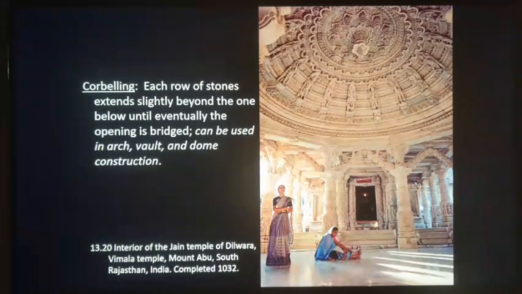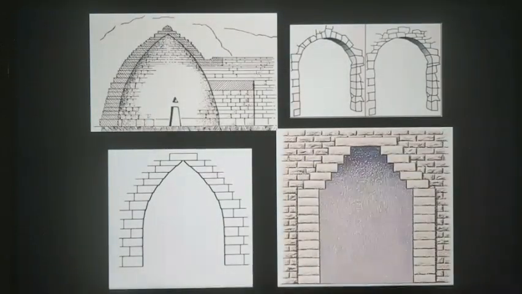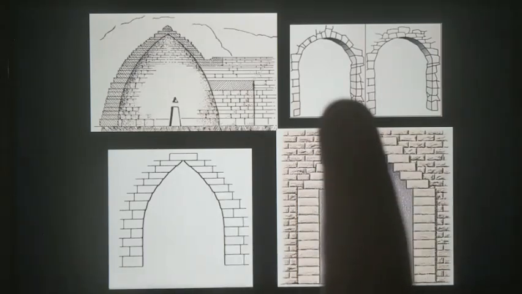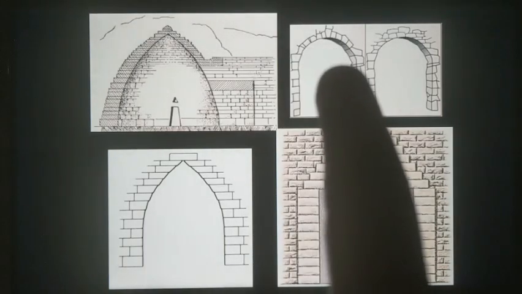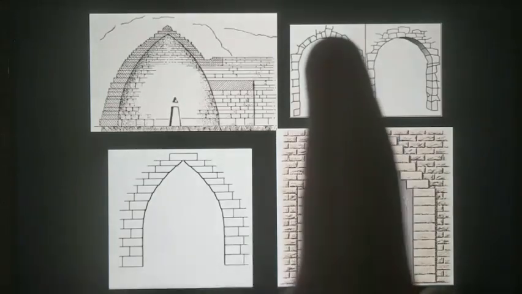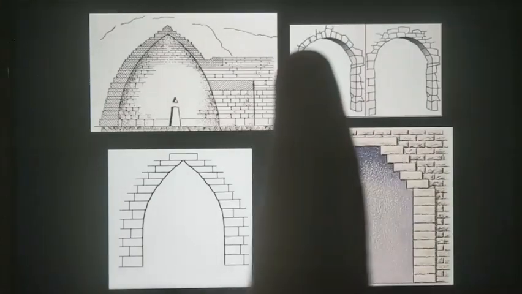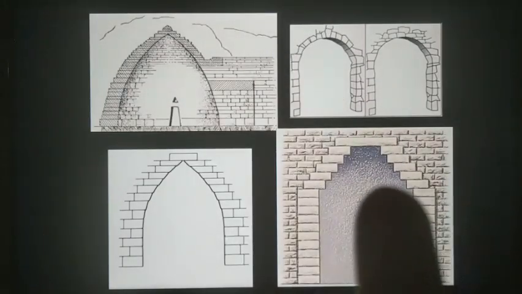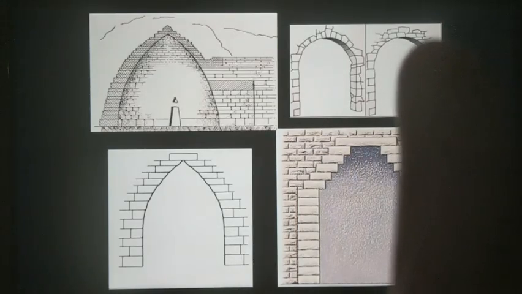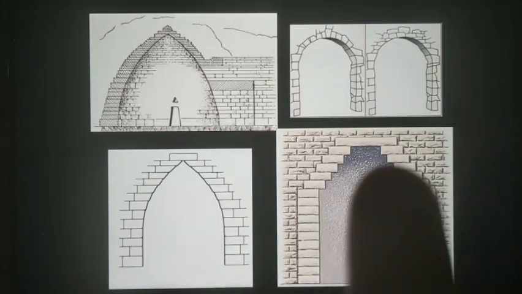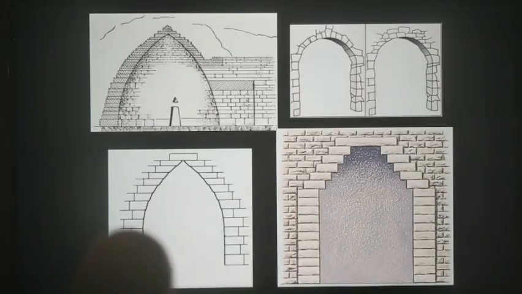So another type of construction that we want to discuss is corbelling. And this is a similar process of building with stone that we see with the round arch. But with corbelling, the main difference is that instead of angling the cut on the stones like with the arch, you are stacking to make those stones move closer and closer inward until the gap has been closed.